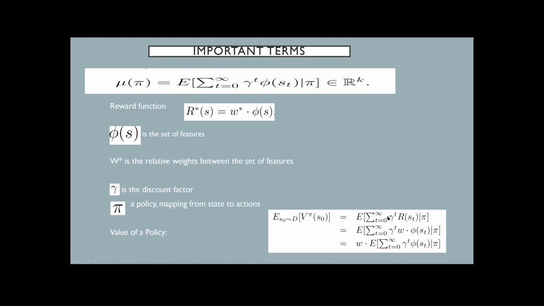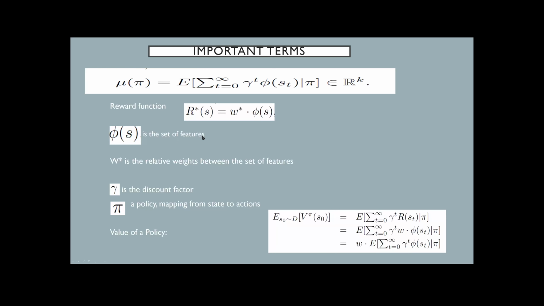But before I talk about this method, let's discuss some of the terminologies that can help us understand the algorithm better. We have this reward function that is a function of the state and features. In case of driving, you can have features like how many pedestrians are on the road, how the expert is slamming the brakes, how many traffic lights are there, and how you're avoiding the traffic.